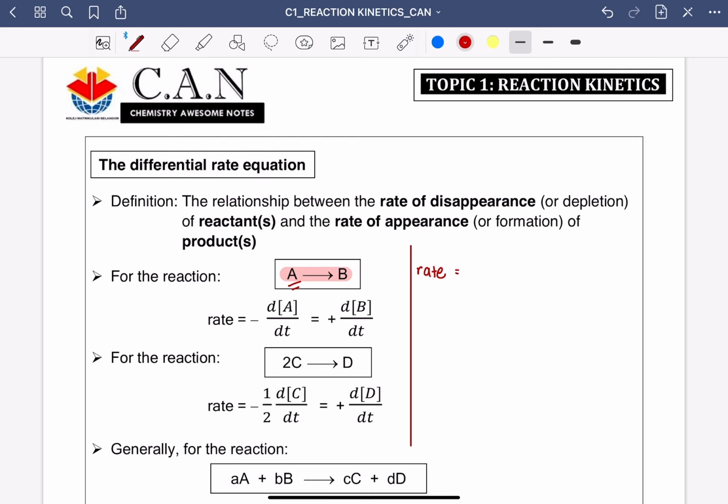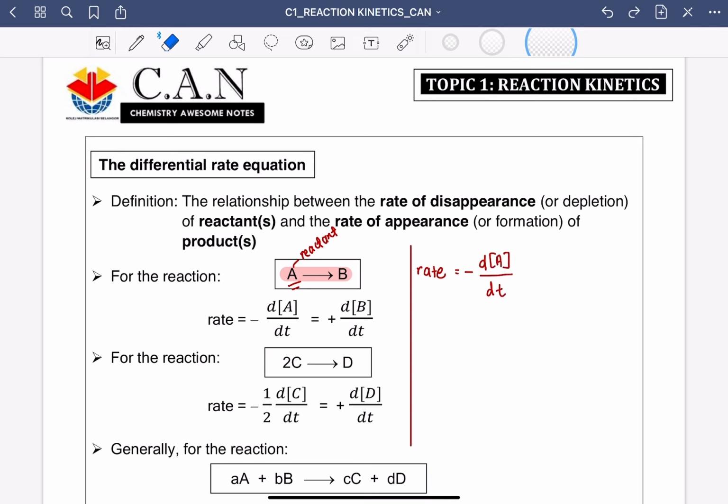So for A, because this is a reactant, we know the reactant will decrease. So we have to write negative here, d concentration A over dt. So this is the differential of the concentration over time.